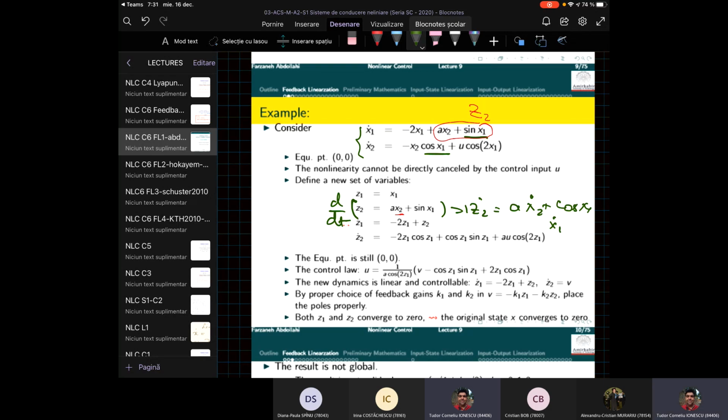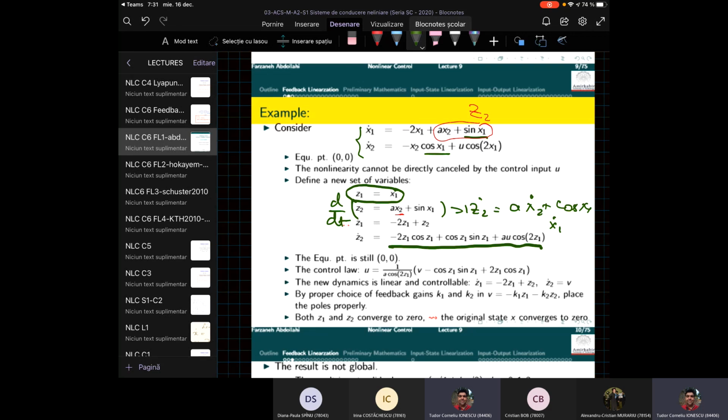So now you just do the substitutions, and then you get this thing. 2z1 you have here. Why is it 2 here? I don't know, because it's 2x1. Okay, fine. And you substitute z1 equal x1. So it's correct. The final equation with z2 is correct.